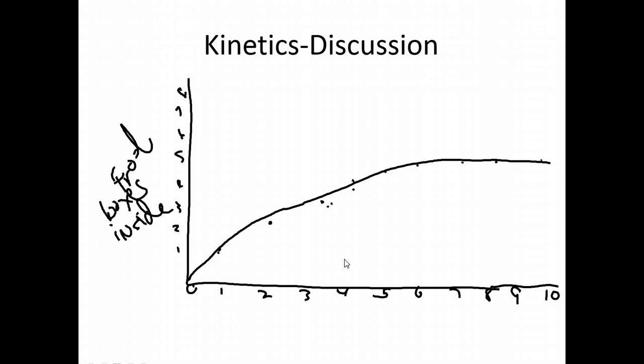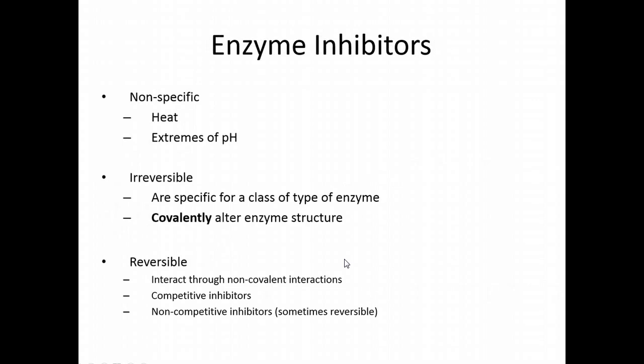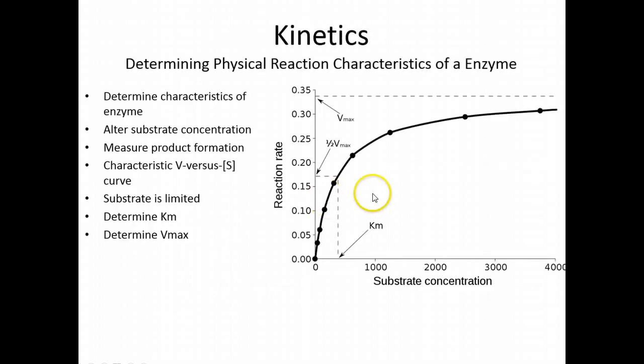And one interesting thing we find is that the concentration of a substrate in the cell is right around this Km value for the most part.